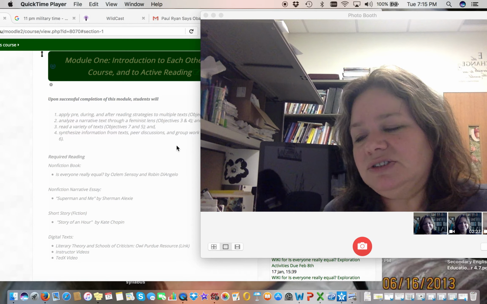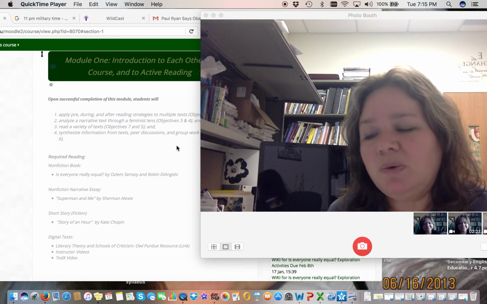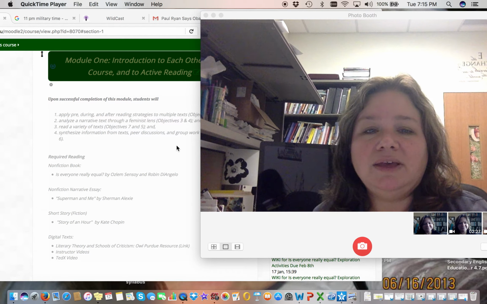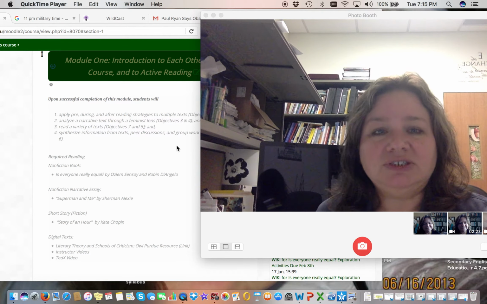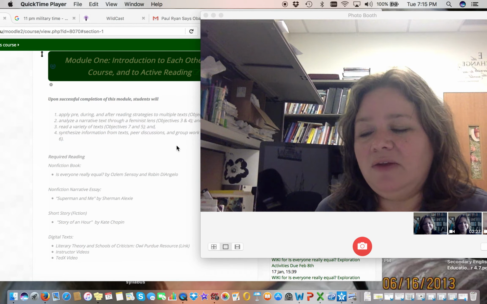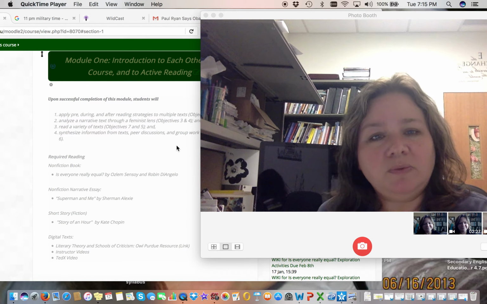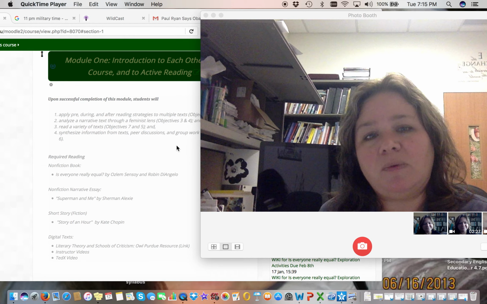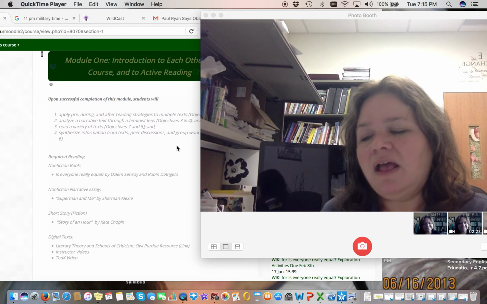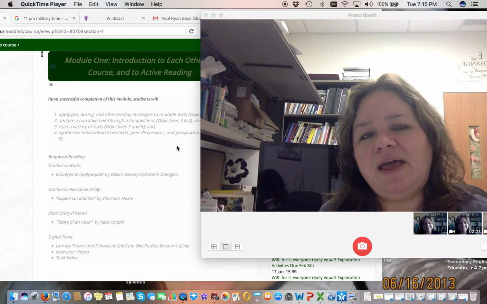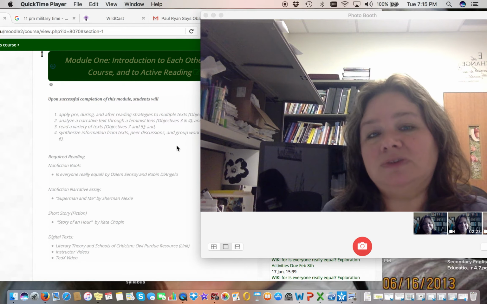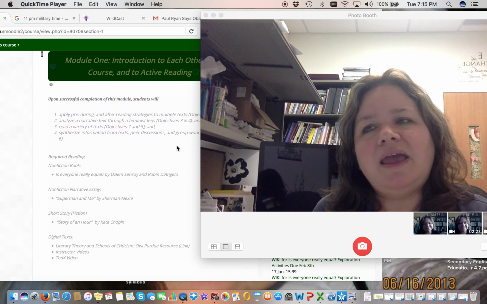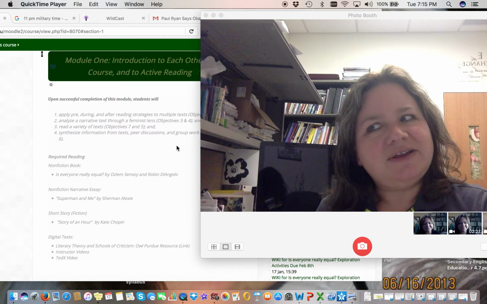The next strategy is analyzing author's tone through his or her use of diction. So diction is word choice. And when authors develop a tone, which is the author's attitude about what he or she is writing about, it's very important to pick up on that, because many times there are tone shifts through a piece, and we need to understand what the author is shooting for.